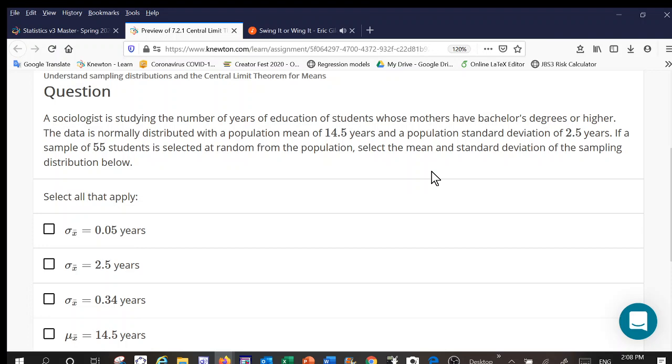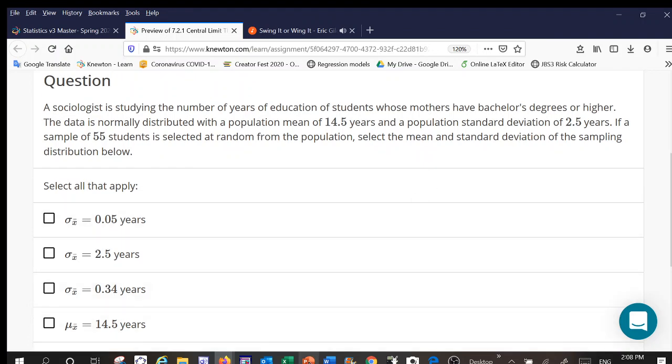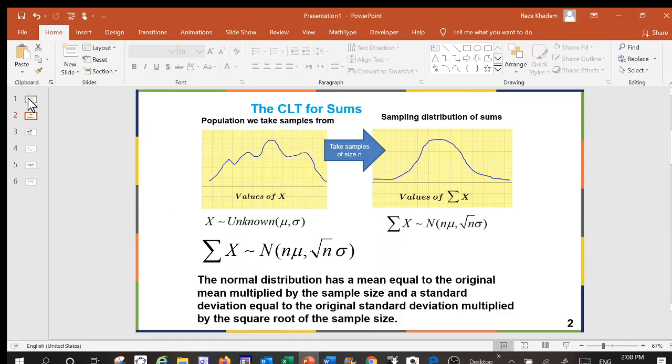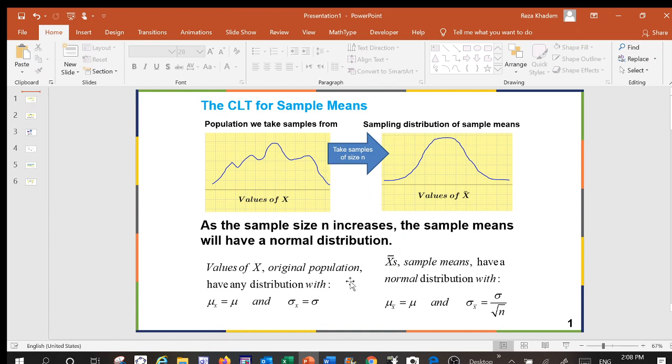So this is, again, the sampling distribution of the means, right? We have the original population, and then the sampling distribution of the mean. The mean is the same as the mean of the population, and the standard deviation is the standard deviation of the population divided by the square root of the sample size.